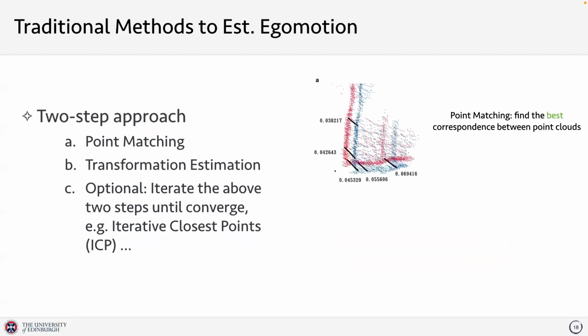To understand the technical challenges here better, let's first see how egomotion was conventionally estimated from consecutive point clouds. At a high level, this kind of pipeline consists of two steps. First, point matching. Second, transformation estimation. Point matching aims to find the transformation between separately acquired views by maximizing the overlapping points between two frames.